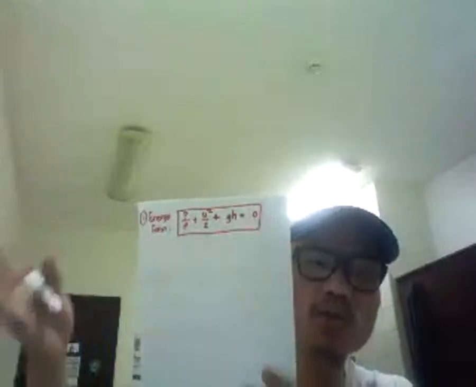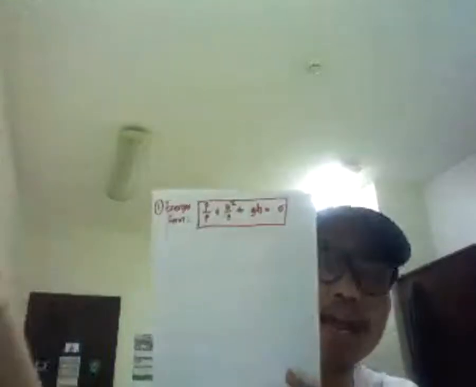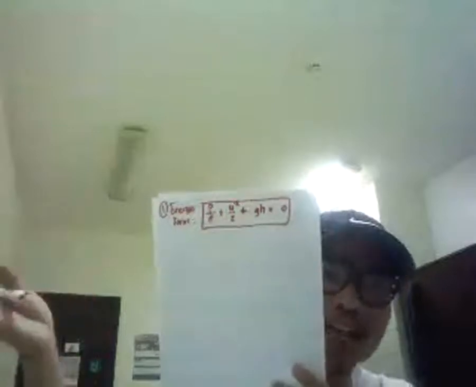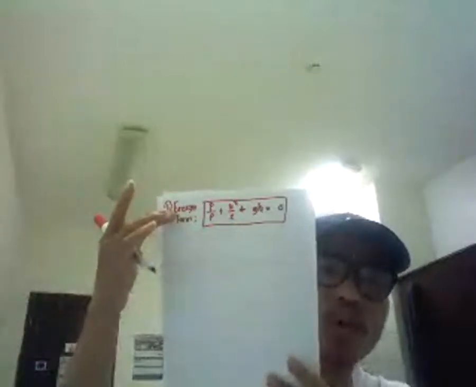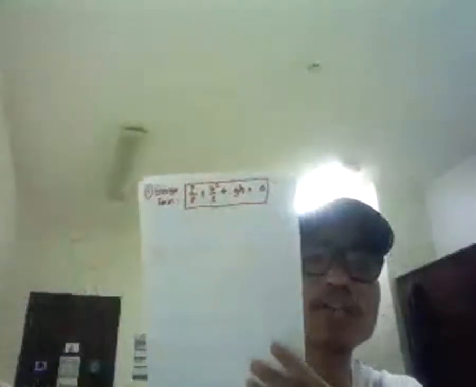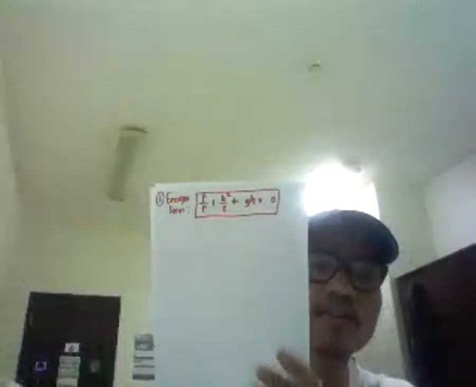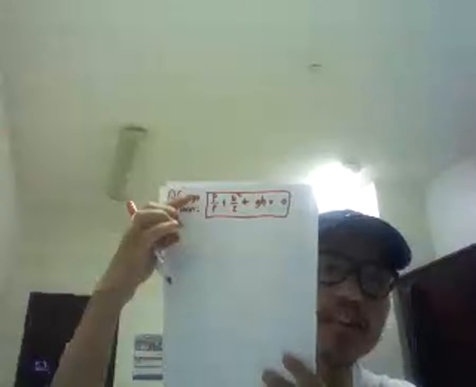You cook, you play, you dance, you sing, you're praying. Everything you do follows this equation, energy form. Because wherever you are, there's always pressure. That is atmospheric pressure. So pressure will be included here. That's why there's pressure, right? So that is energy form.